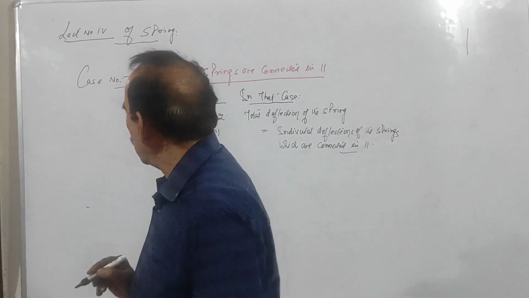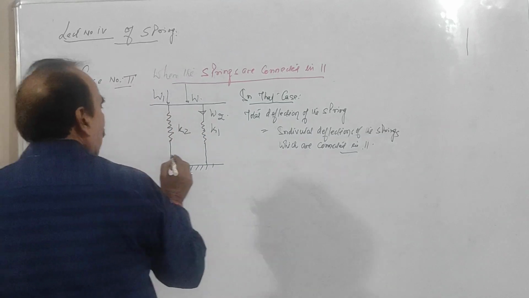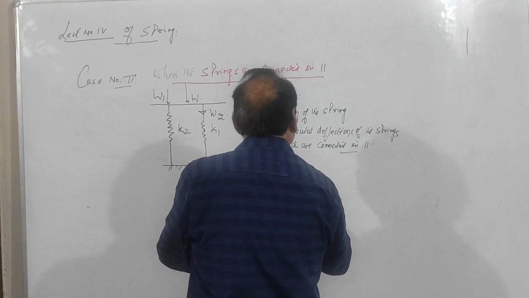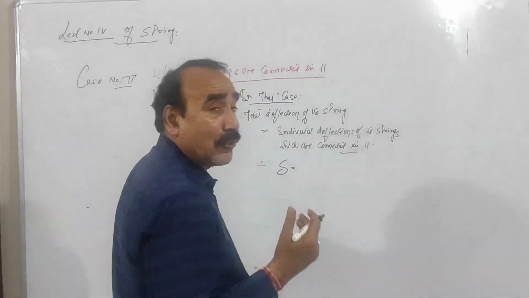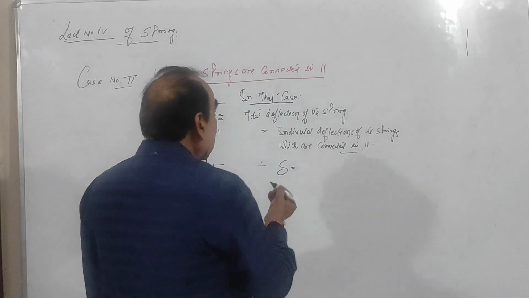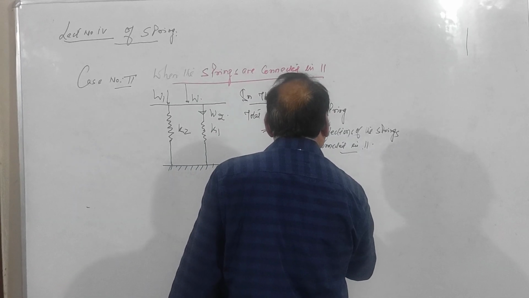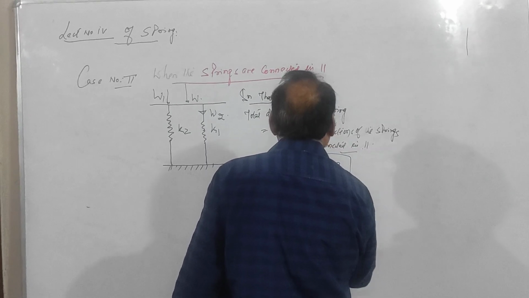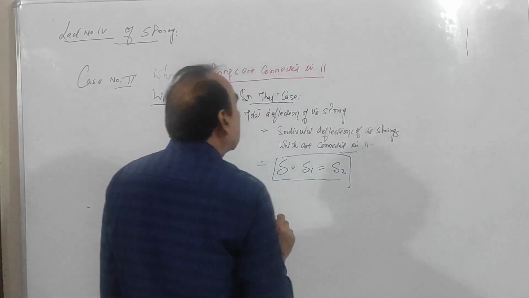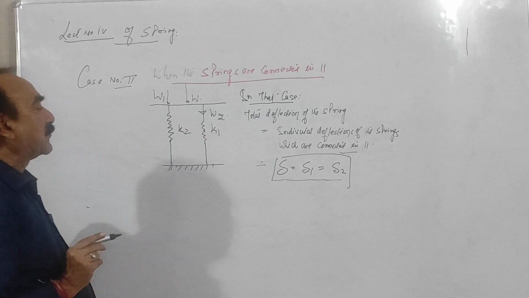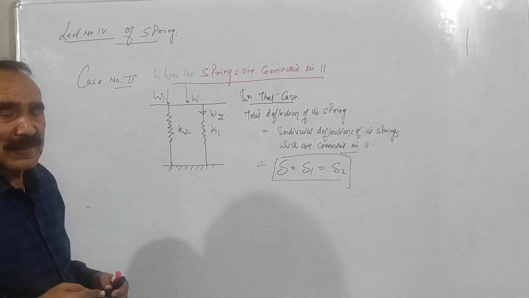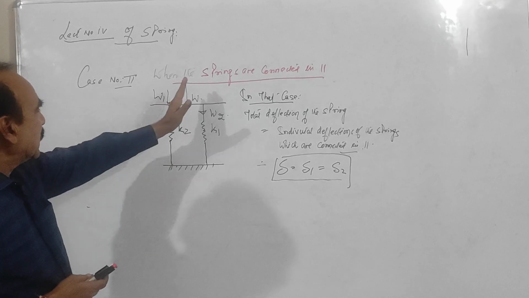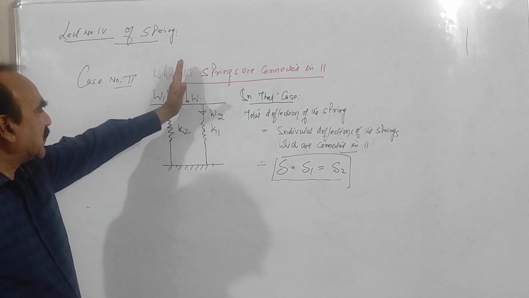Understand? So you can say therefore इसमें क्या होगा, therefore delta जो इसमें है total deflection, if the total deflection is denoted by delta, so you can say this is equal to delta 1 or this is equal to delta 2, because total deflection of the spring is equal to the individual deflection of the springs which are connected in parallel. You understand this?